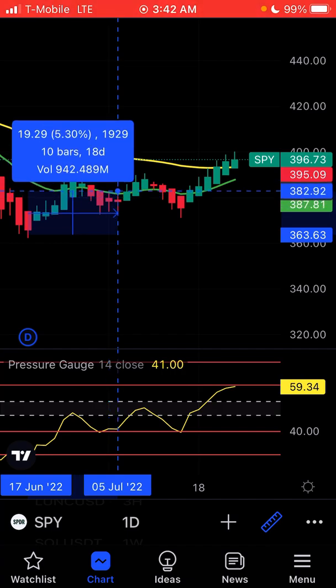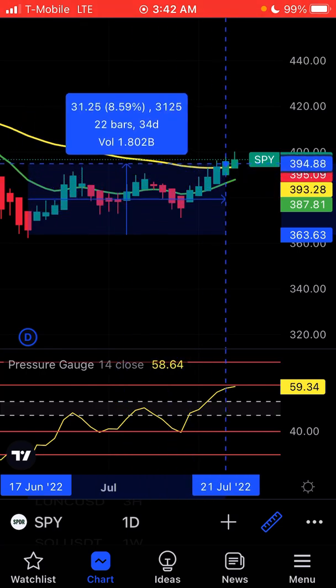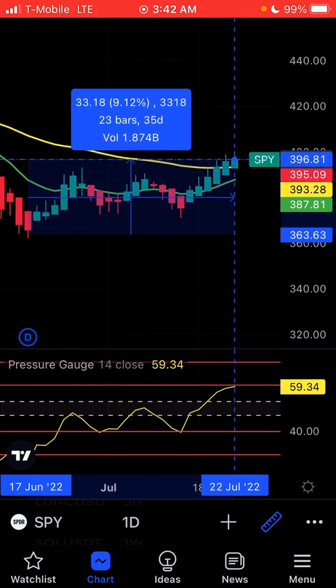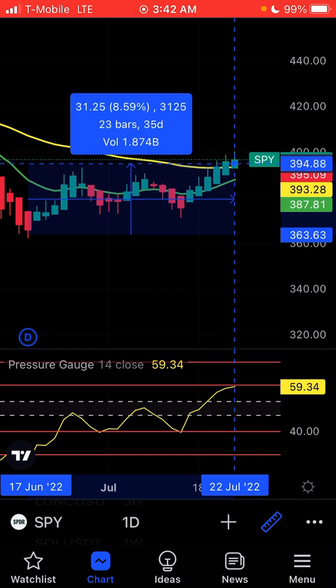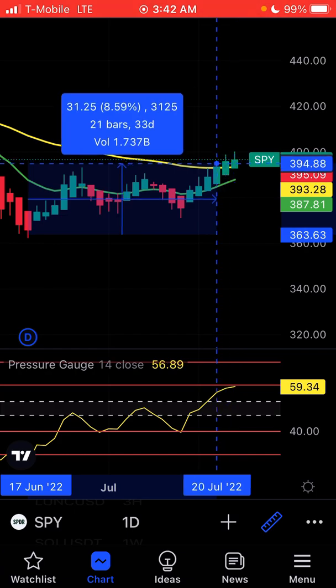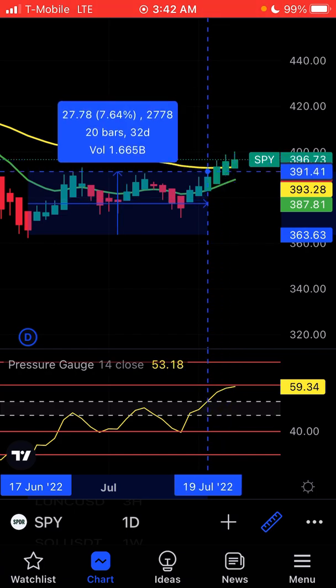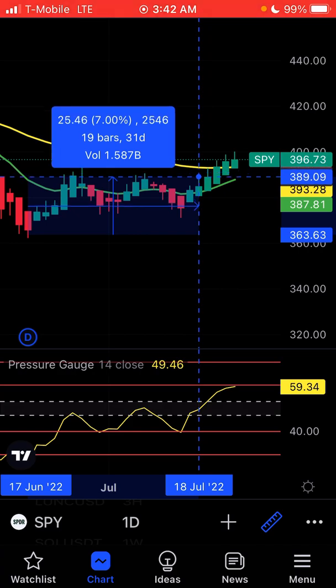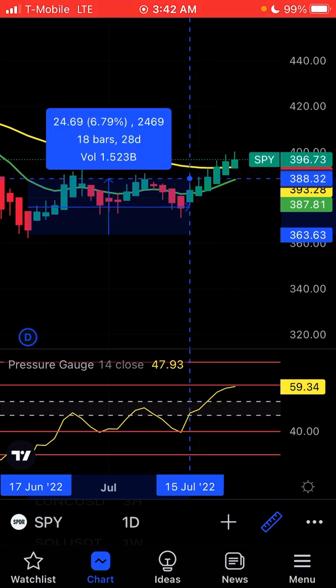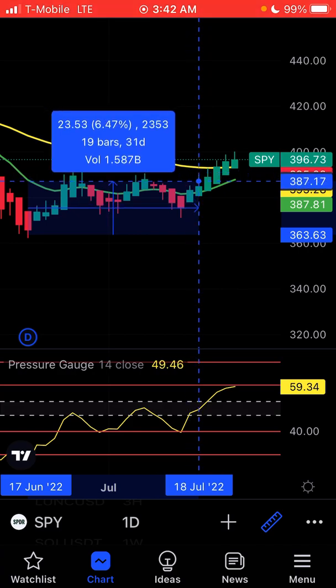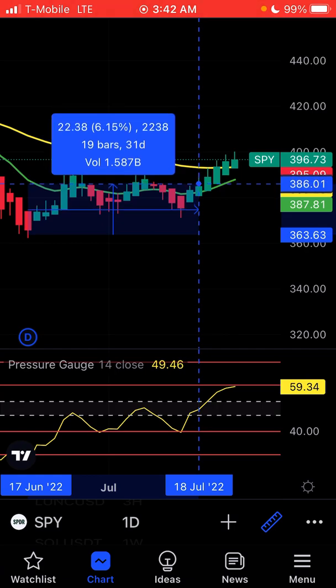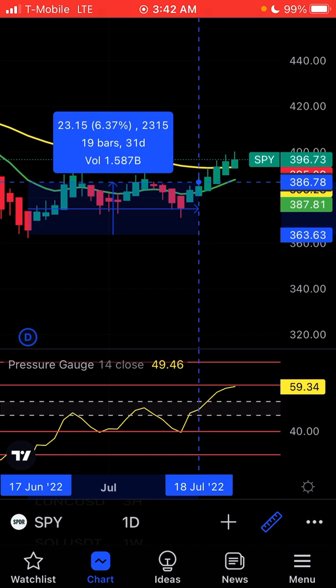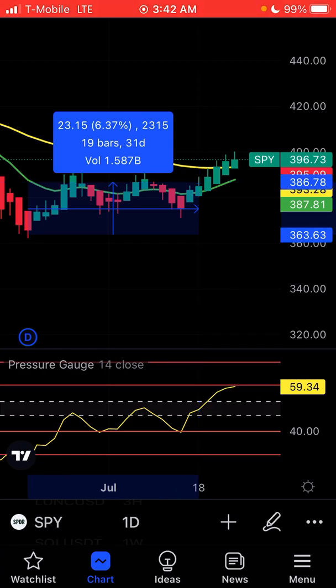Now, if you waited even longer, let's just say up here to the top where we are today, let's do 30 days. I don't know how long you can do a call, but if you did, okay, 31 days. So if you did this, you're up 6% with your call. So if you waited 30 days, that is a good profit right there because it is a 6% increase.